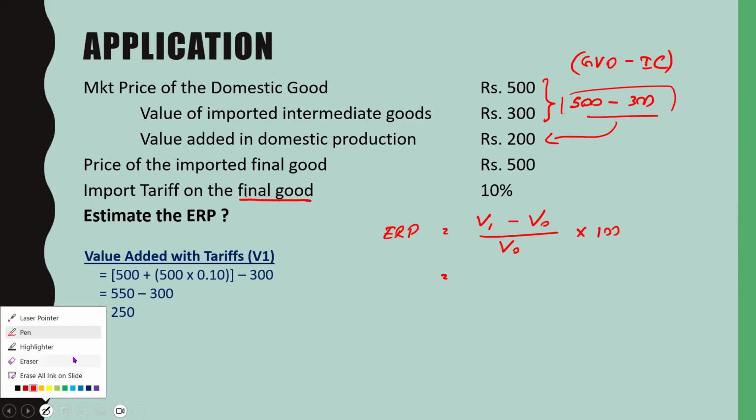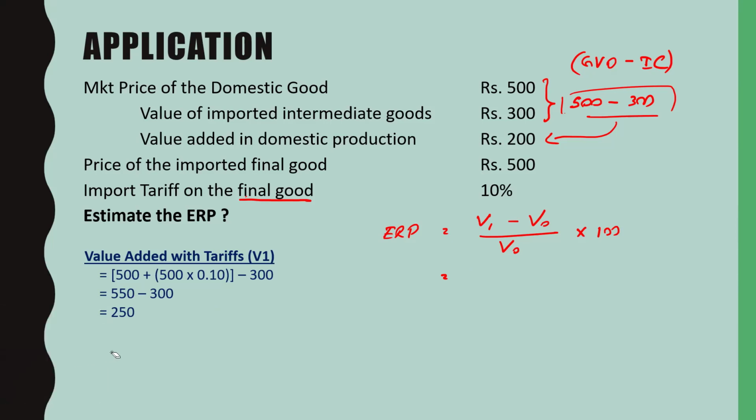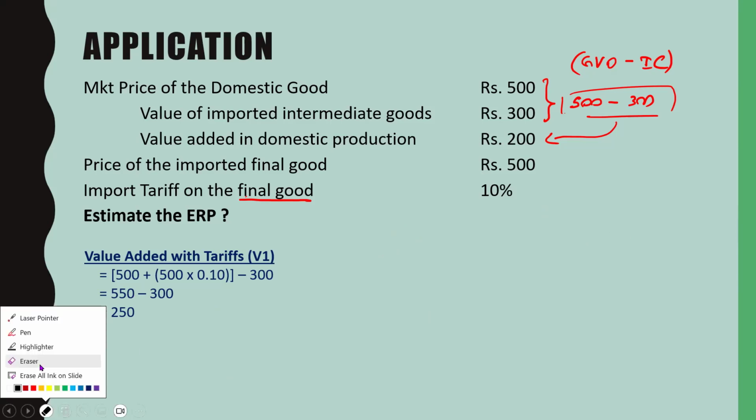Can anyone tell me what the effective rate of protection is, by the way? Anyone who has completed the calculation? If V1 is 250, V0 is already given as 200. What is the effective rate of protection? Come on, give me the answer.